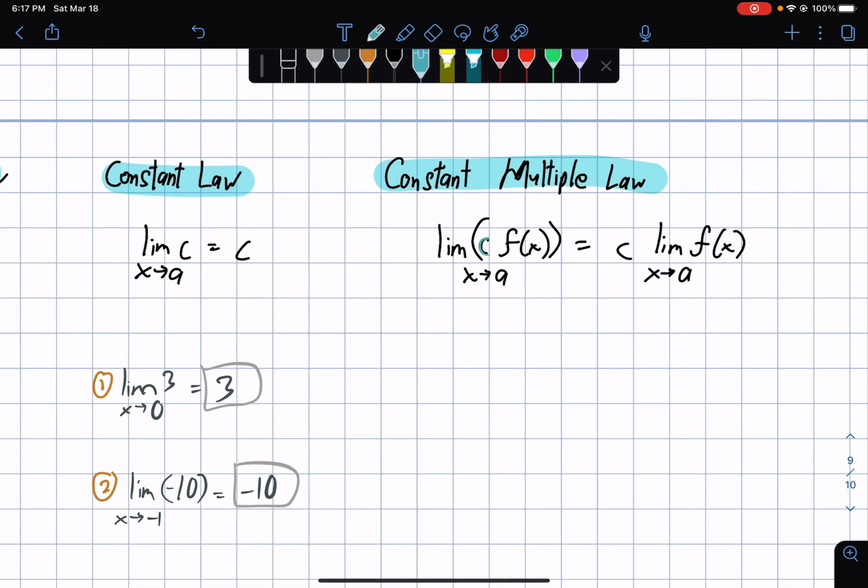So what you have to notice here is how c is repositioned in the expression. Let's see how that works in two examples.